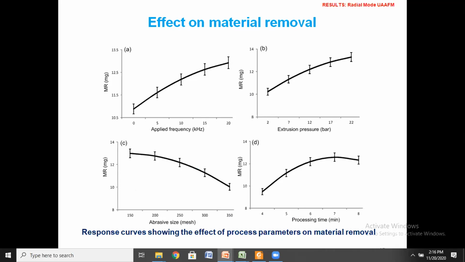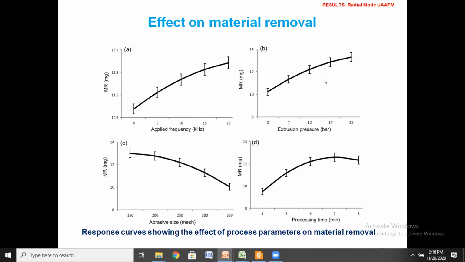It means if you take 2000 mesh, the particle size will be very low. If we take 100 mesh, the particle size will be big. So it is reverse. So here it is clearly observed that the material removed will be high at lower mesh size of the abrasive particle, so at 150.